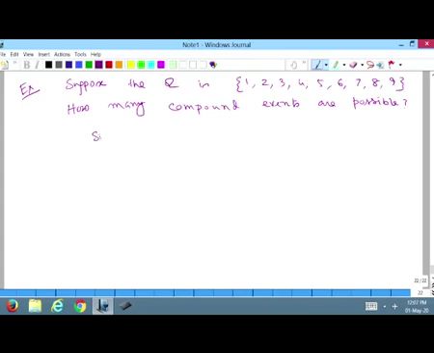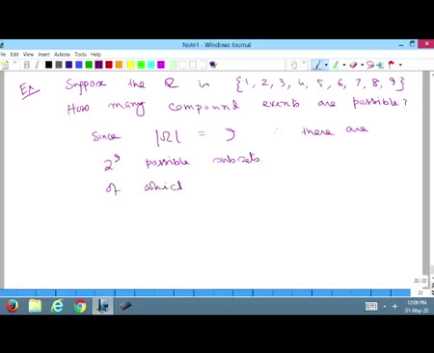Since cardinality of omega is equal to 9, therefore, there are 2 to the power 9 possible subsets, of which one is phi, that is a null set, and 9 are elementary events.